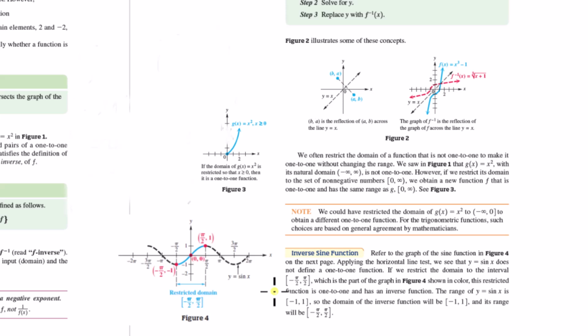Now what we talked about is that one way to make something one-to-one is to restrict the domain. That's what we're going to do with the trig functions to define the inverses. We're going to restrict the domain.